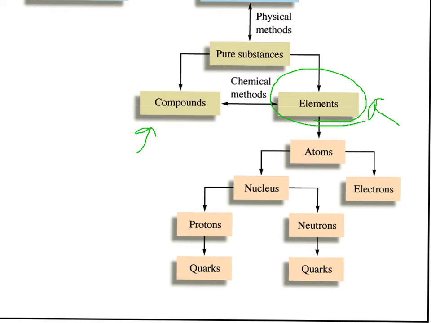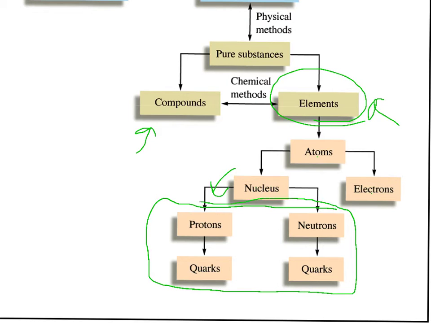And atoms have a nucleus, they have electrons, and then nuclei are broken into protons, neutrons, and quarks. All of this down in this area is nuclear chemistry, which we won't touch on much, or physics actually will go into more of that detail. So for now, we're just going to go with this particular aspect.